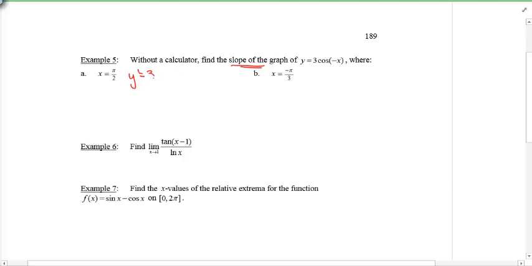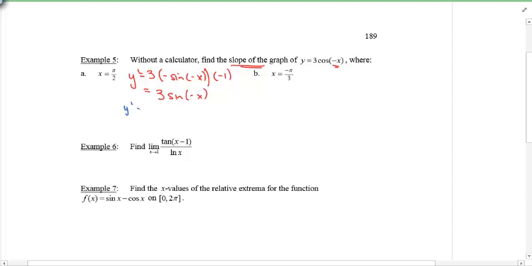The 3 is a constant, let's ignore it. The derivative of cos is negative sine, so it's negative sine of negative x. And then because you have a negative x, the derivative of negative x is negative 1. So this just becomes positive 3 sine of negative x.